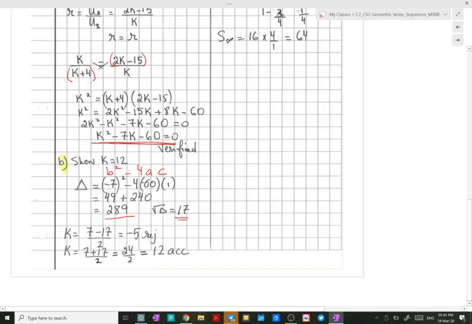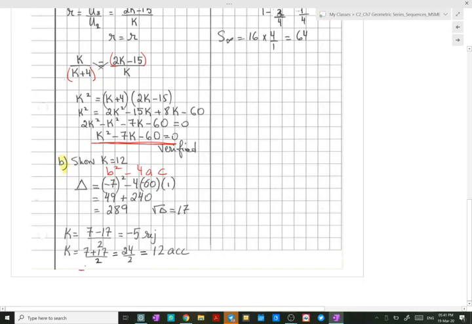So k is equal to minus b minus square root delta over 2a, which is 7 minus 17 over 2, which is equal to minus 5.